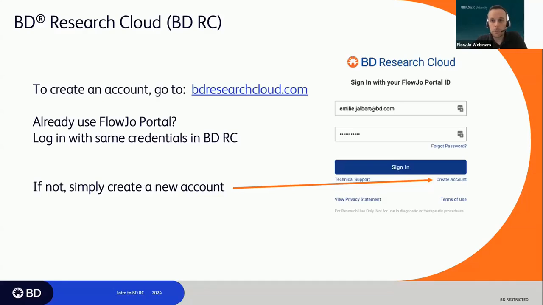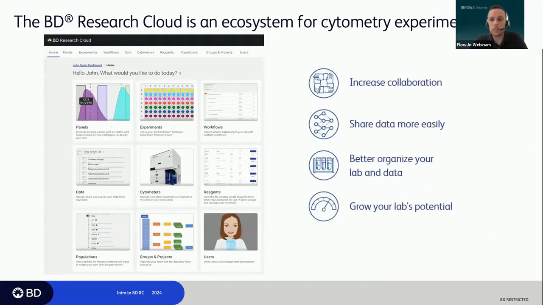So what's the BD Research Cloud? BD Research Cloud is a comprehensive ecosystem for research flow cytometry experiments. So it's an online tool that integrates all the research flow cytometry platforms into one solution. Our idea when we created this BD Research Cloud was to regroup all the tools that are needed to do your flow cytometry experiment.